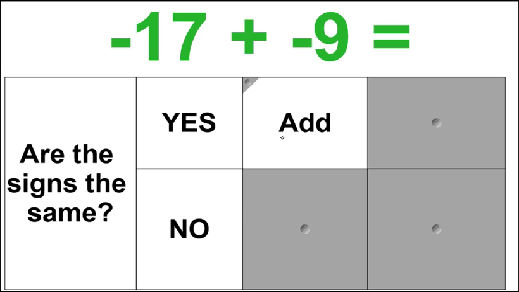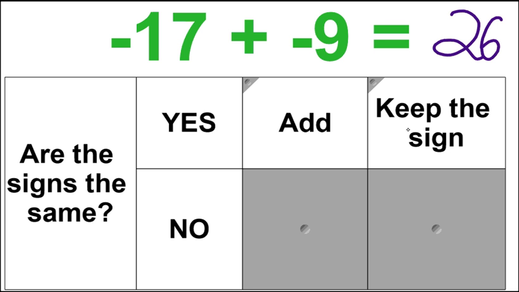So we add the numbers, 17 plus 9 will give me 26. And then what do we do for the sign? We're going to keep the sign, so that would be a negative since they were both negative.